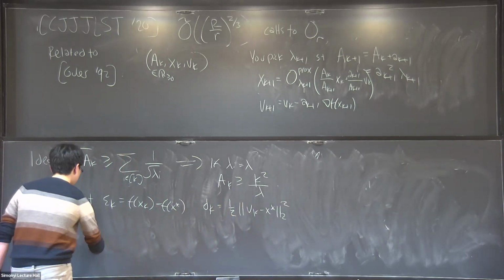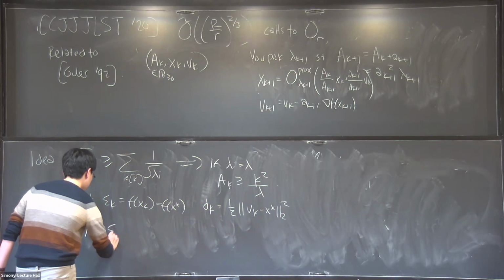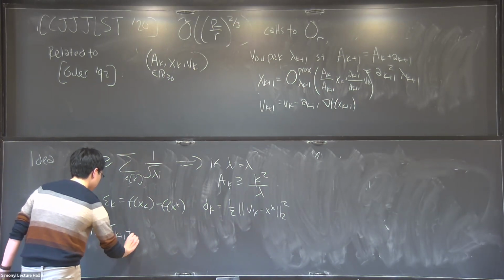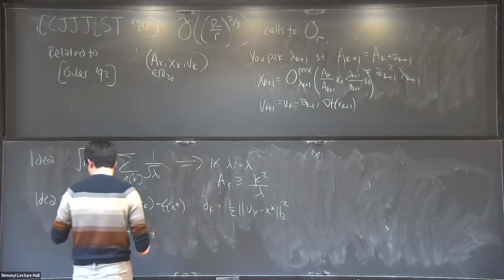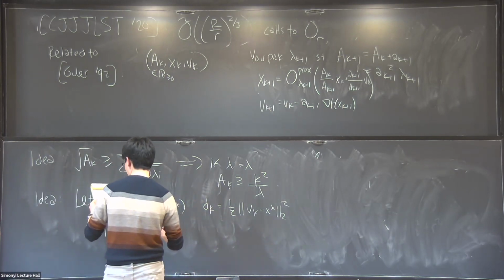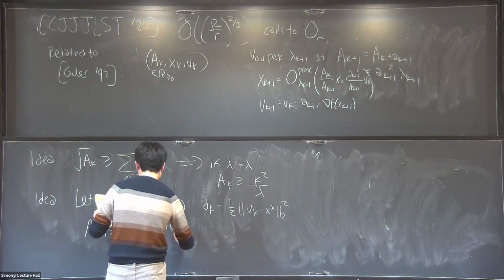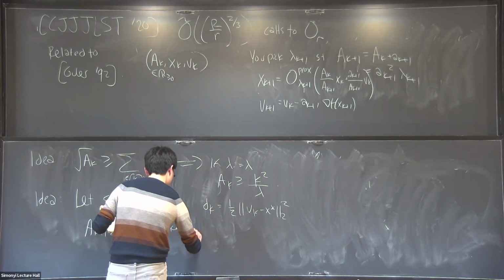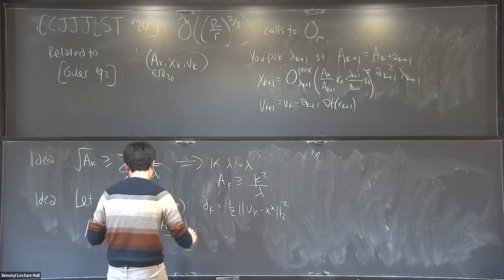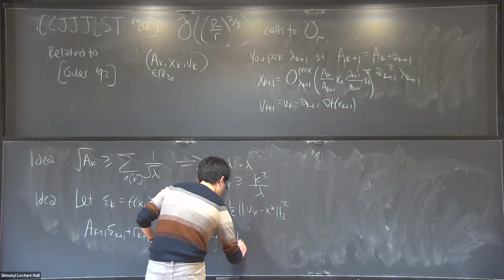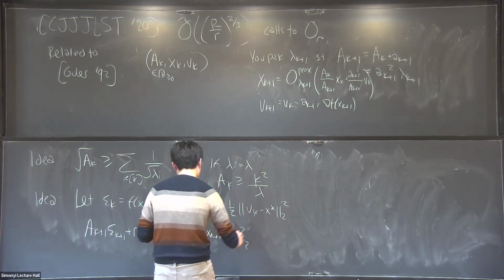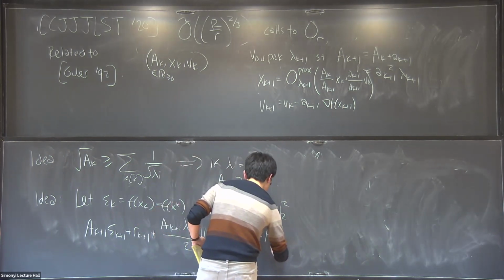You can show that a k plus 1, epsilon k plus 1, plus r k plus 1, plus this funny third term, which will become highly relevant to us in just a moment, is monotone decreasing.